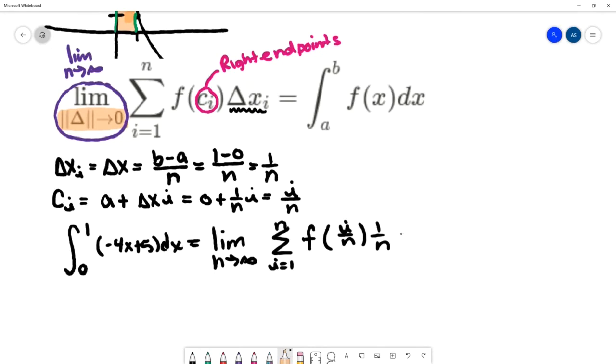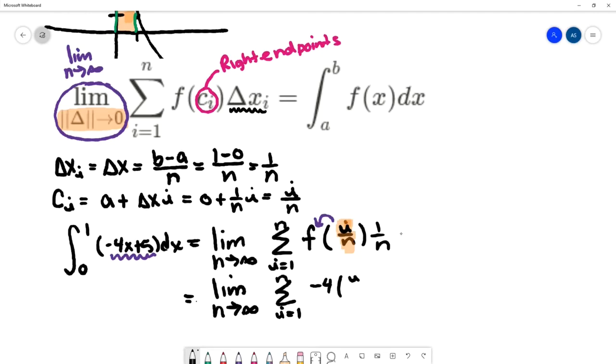So we're going to substitute i over n into our function. Our function is negative 4x plus 5. That will give us the limit as n approaches infinity, sum i equals 1 to n of negative 4 times i over n plus 5.